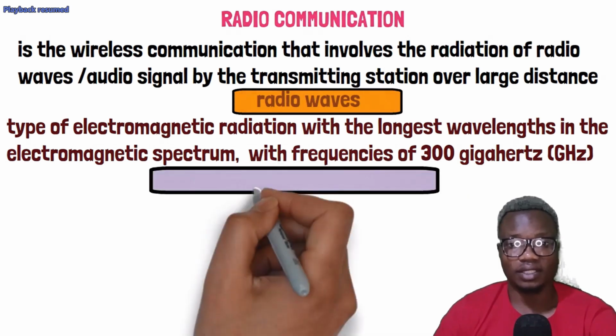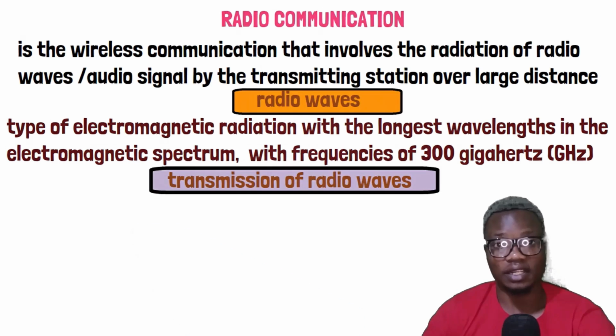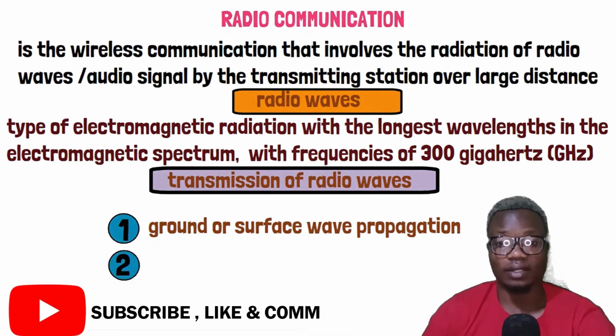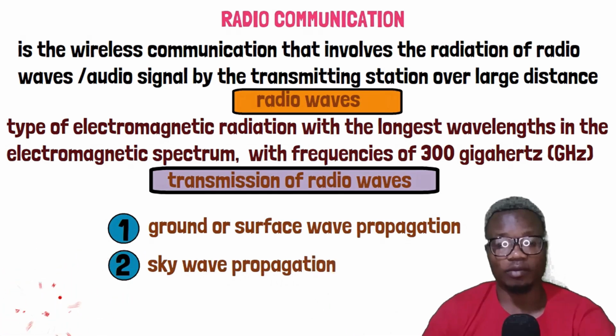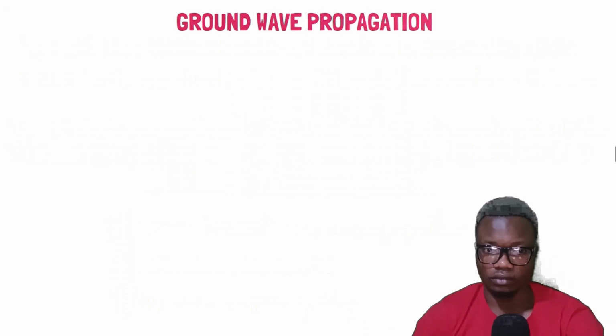Let us now see the ways in which we can transmit radio waves. There are 3 ways. The first one is ground or surface wave propagation, the second one we call skywave propagation, and the last one is space wave propagation.